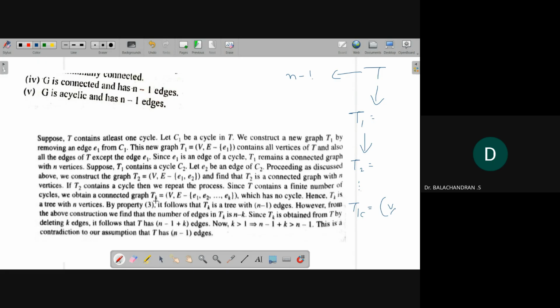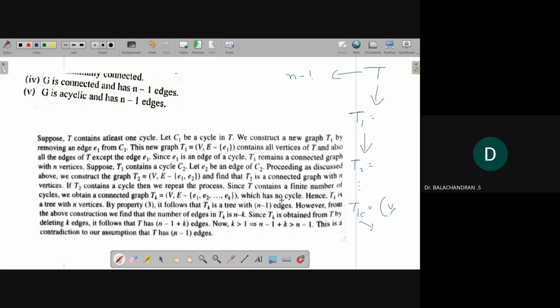In Tk, I removed the edges E1, E2, up to Ek. Suppose Tk has no cycle. We know that Tk is connected, and suppose it has no cycle.